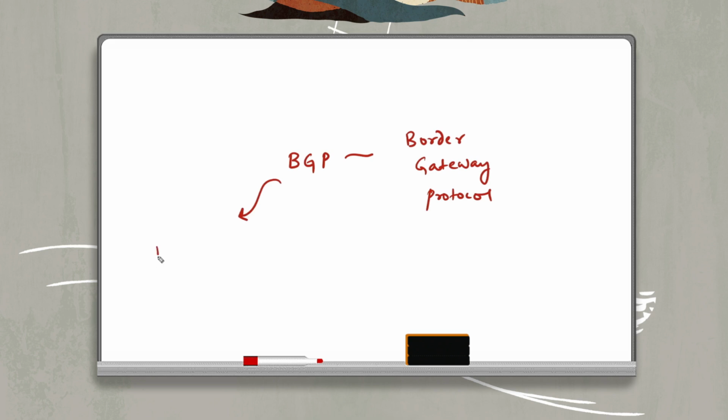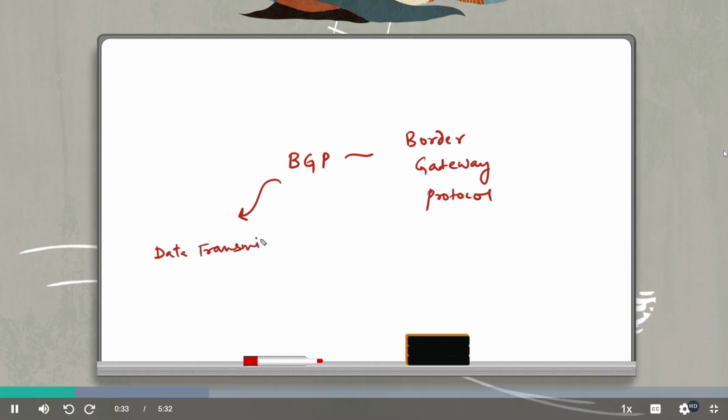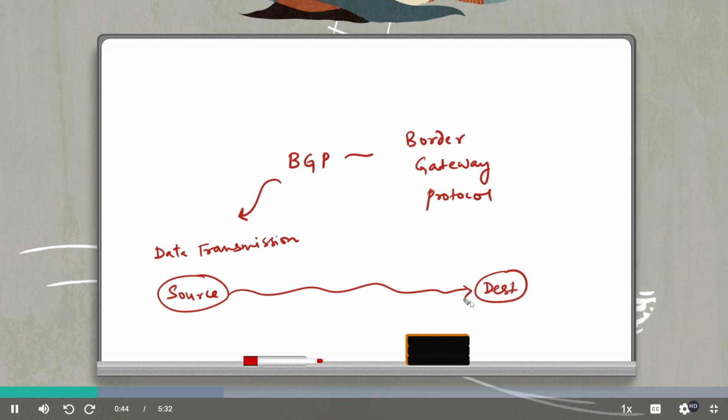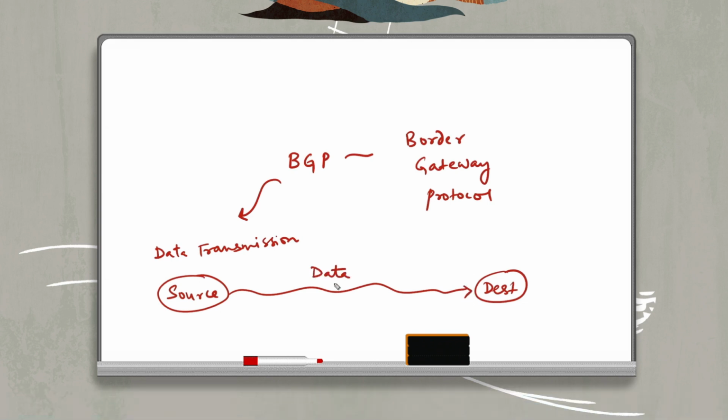Ultimately, we know that for data transmission to happen on internet, so let's say this is the source and this is the destination. And if the data is flowing from the source to the destination, the data is going to travel through multiple networks. So it can be network 1, network 2, network 3, just to illustrate this. So the data can travel through multiple networks.